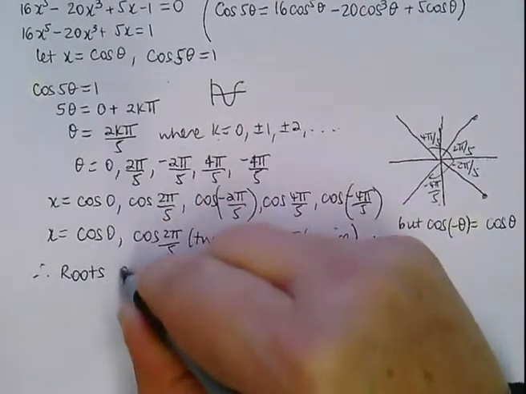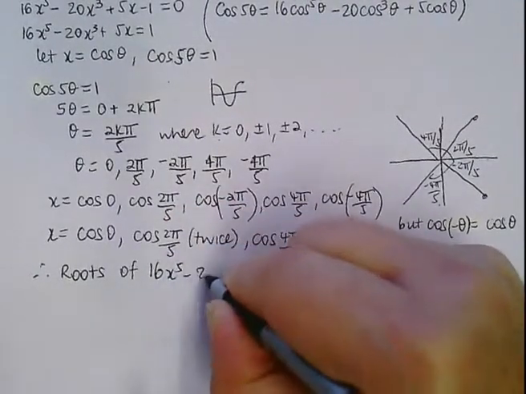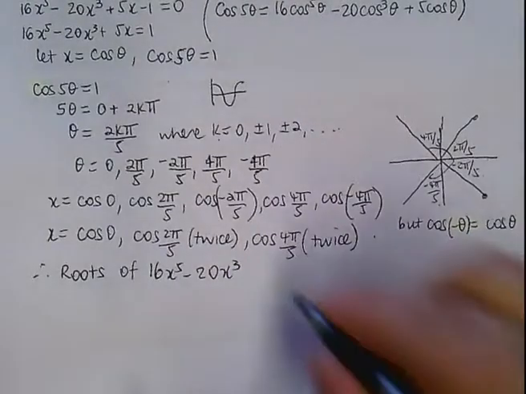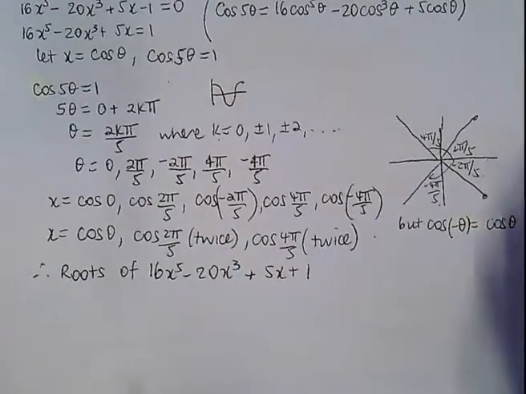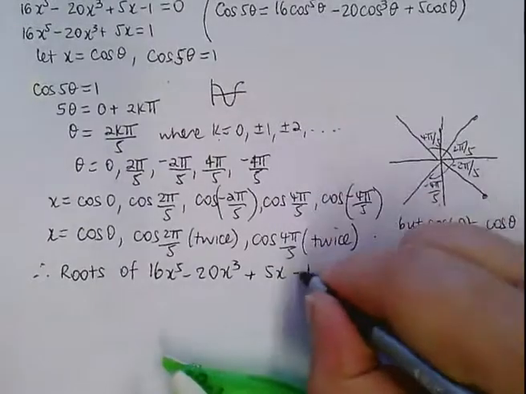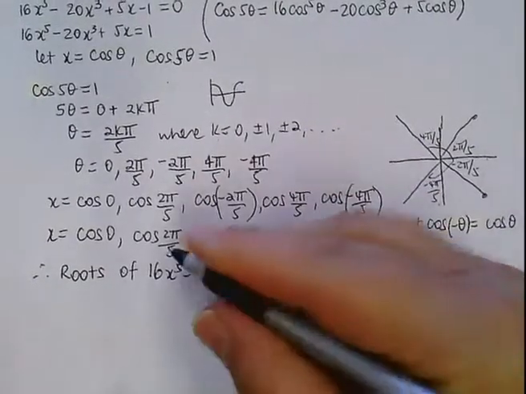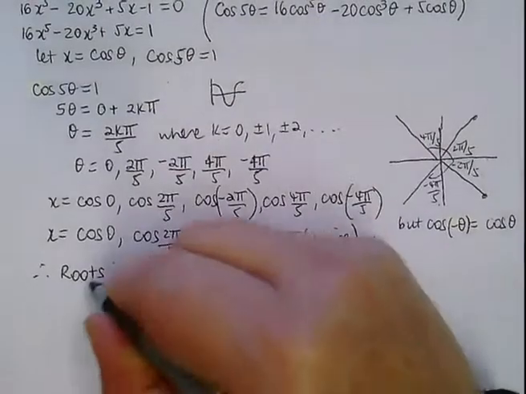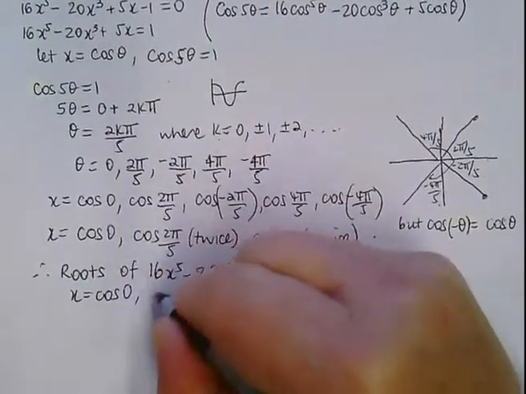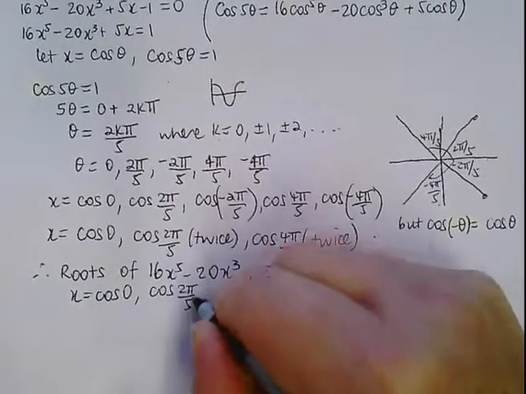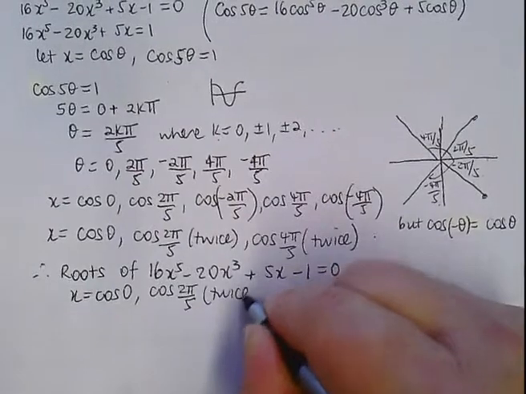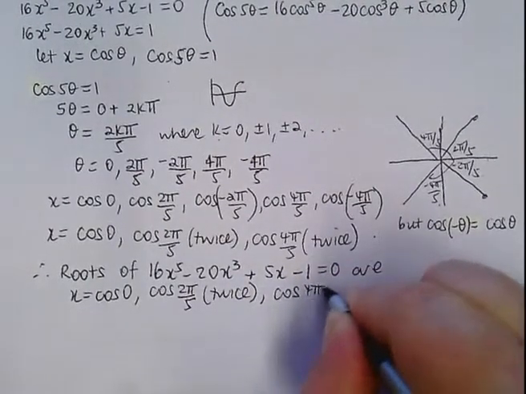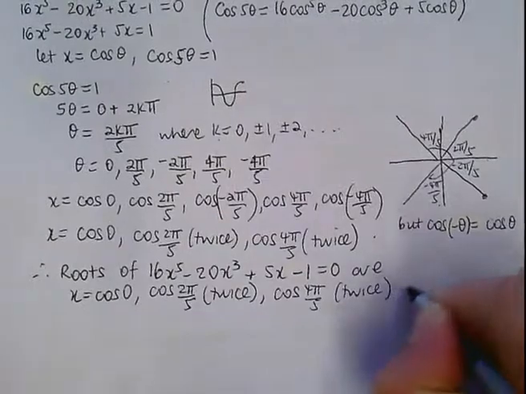And so the roots of 16x to the power of 5 minus 20x cubed plus 5x minus 1 equals 0 are what we just wrote above: x equals cos 0, cos of 2 pi on 5 twice, and cos of 4 pi on 5 also twice. So they're the 5 roots.